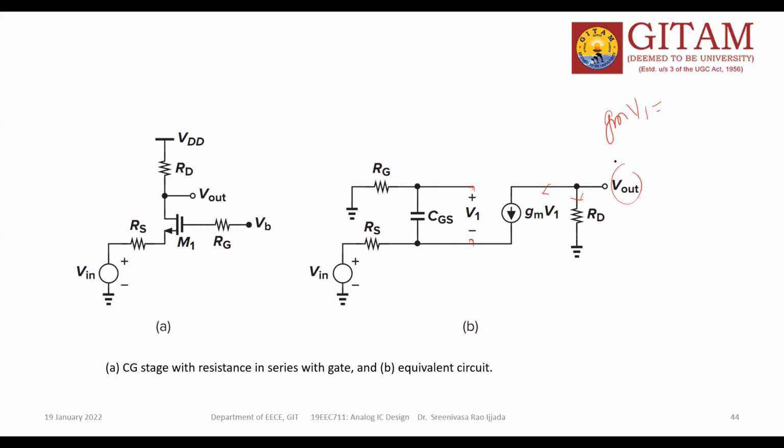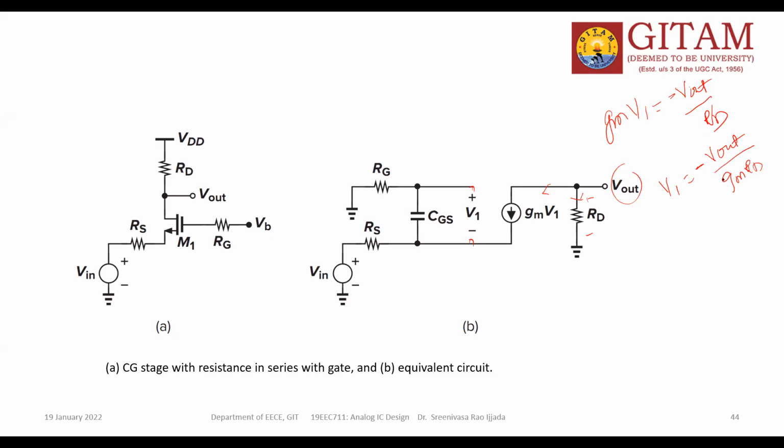It is minus V out by RD. So from this, V1 is equal to minus V out by gm into RD. Got it?